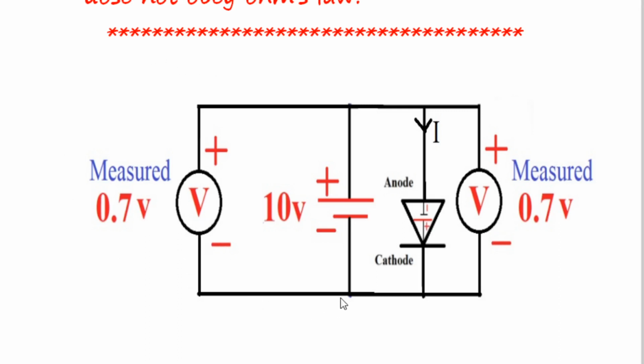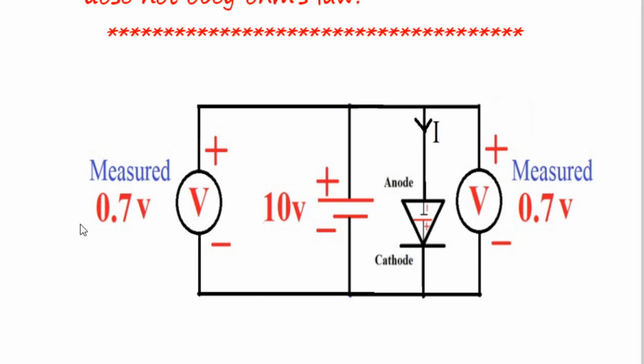If you look only at the left hand side, you will say this voltmeter should measure 10 volt, but it is not. This is also measuring 0.7, and this is also measuring 0.7. The voltmeter across the diode and the voltmeter across the battery are both measuring 0.7 volt. Why? What is the reason?